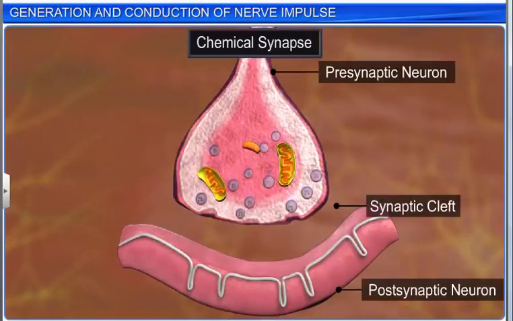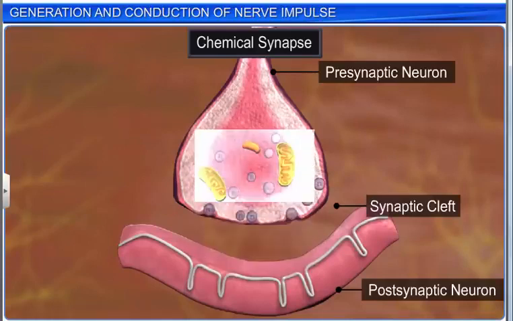When an impulse or action potential arrives at the axon terminal, it stimulates the movement of the synaptic vesicles towards the presynaptic membrane. Synaptic vesicles fuse with the plasma membrane and release their neurotransmitters into the synaptic cleft.